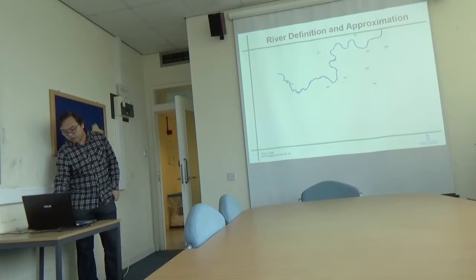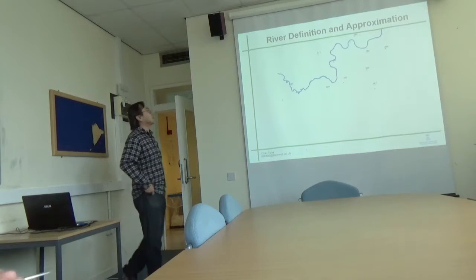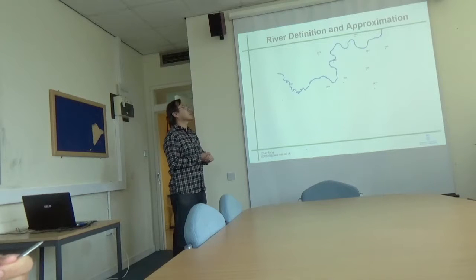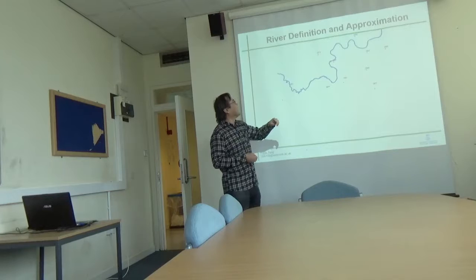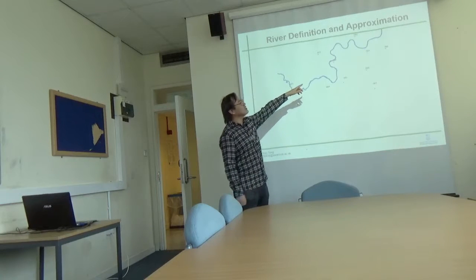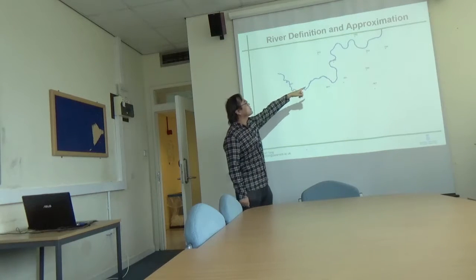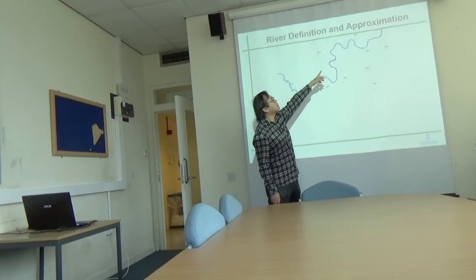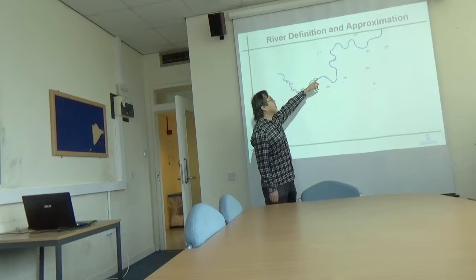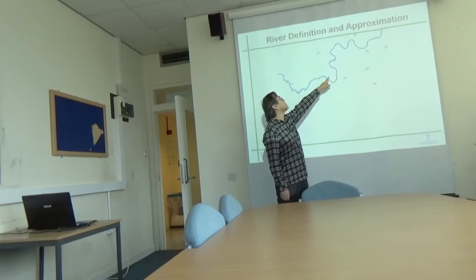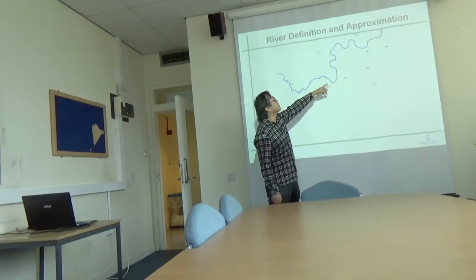First we talk about how we define the river and do the river approximation. As you can see, the river sometimes flows on the boundary of each CCG, and sometimes it flows across the center of the CCG region.